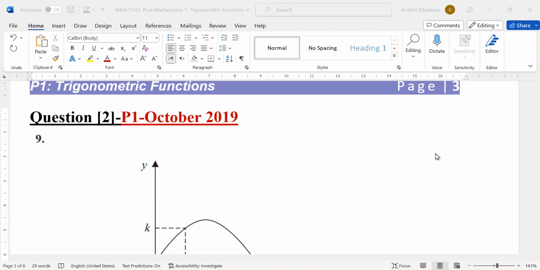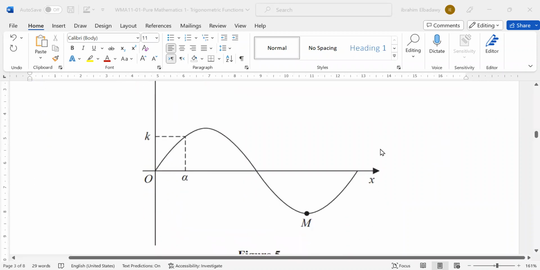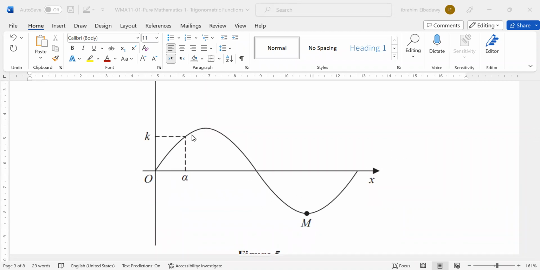Okay, here the second question is October 19. As I mentioned before, you have to take a look at the diagram first. This diagram, as you see, is a sine wave.